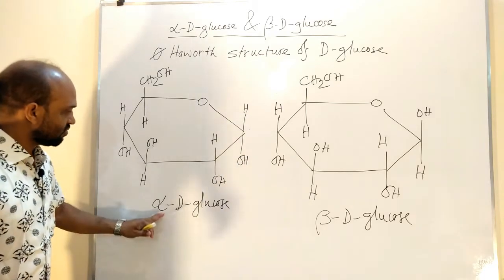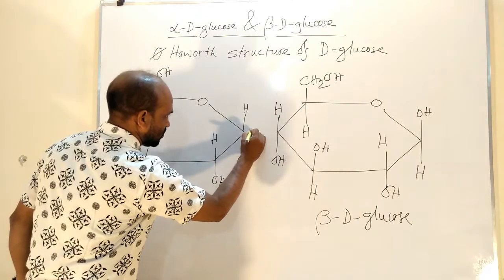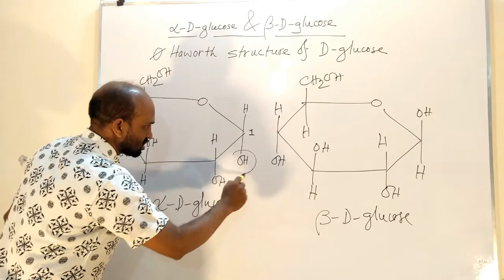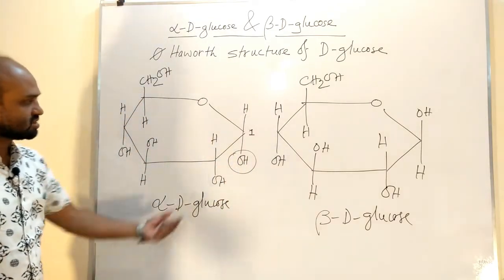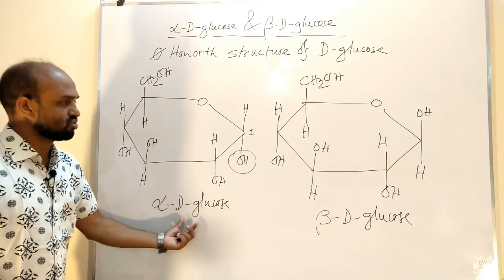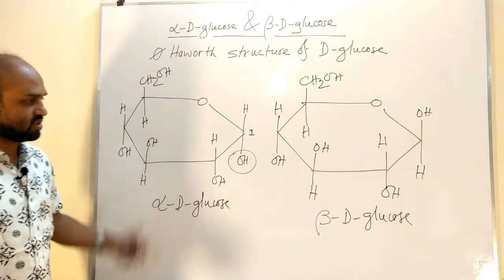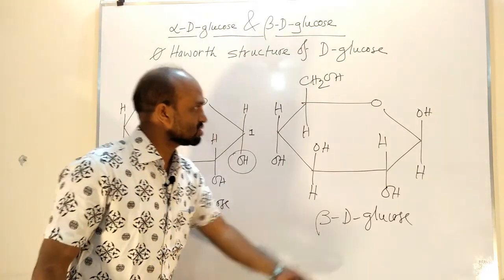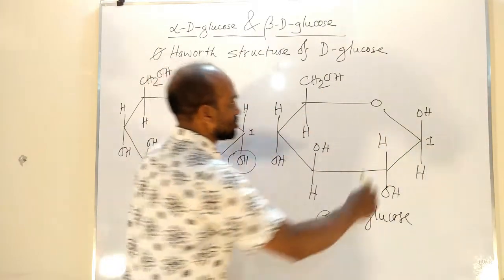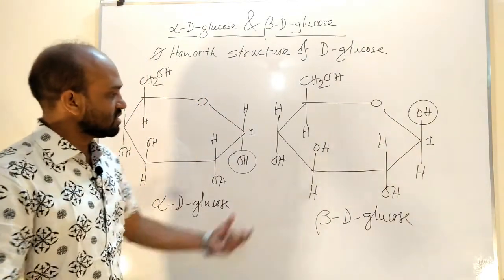Here we see alpha D glucose, that is, the hydroxyl group at carbon 1 is below the plane. When it is below the plane, then it is termed alpha D glucose, and the other part will remain the same. If we see beta D glucose, the carbon 1 where the hydroxyl group is above the plane, then it is called beta D glucose.